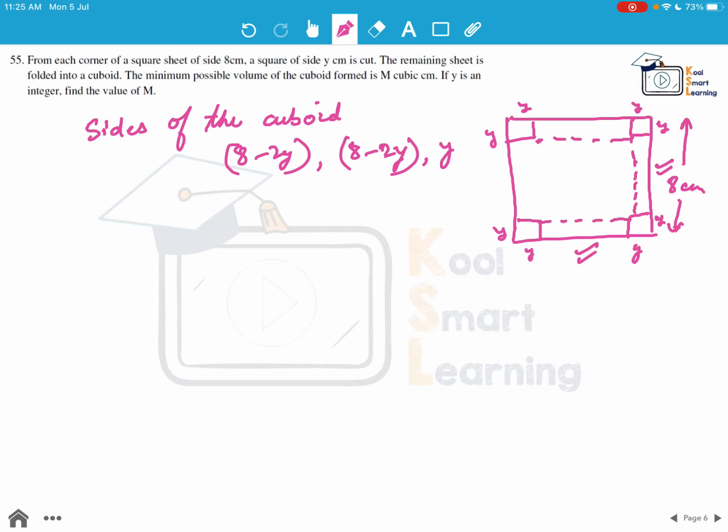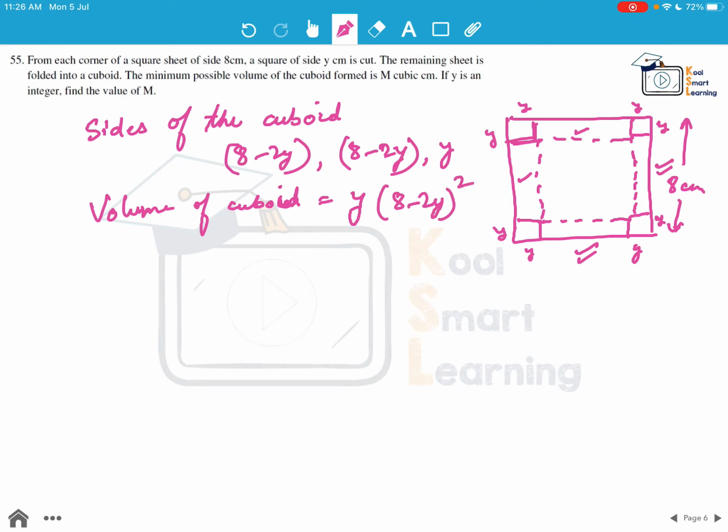So y becomes the height of the cuboid, and these sides are both 8 minus 2y. What will be the volume of the cuboid? This will be y into 8 minus 2y whole square.